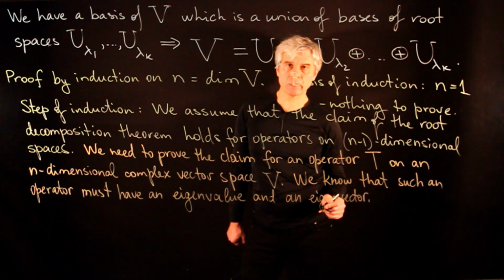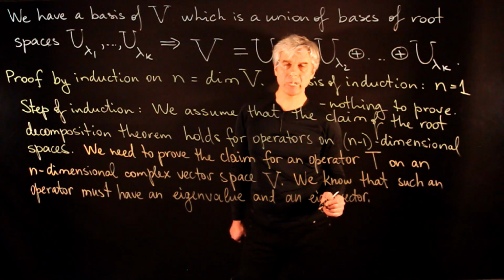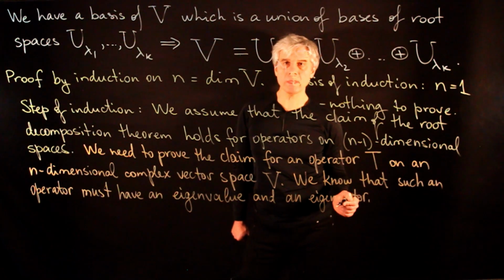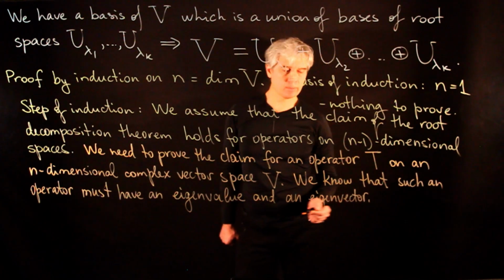Every linear operator on a complex vector space of dimension n greater or equal to 1 has an eigenvector.